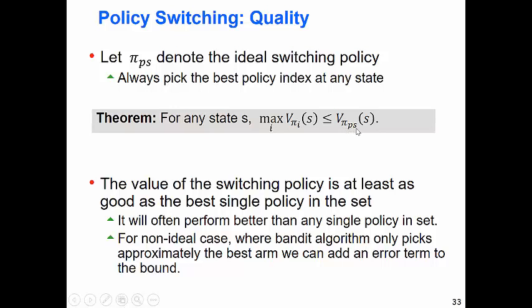So pi PS, that's the policy switching policy, the one that's doing all this simulation and finding the action that the best policy in S selects. The value of that switching policy is at least as good as the value of the best policy in our set, right?